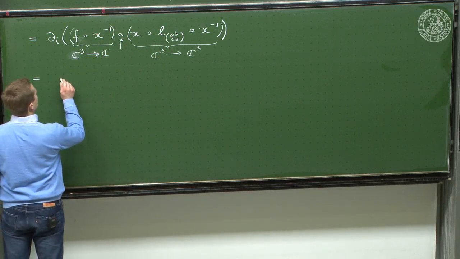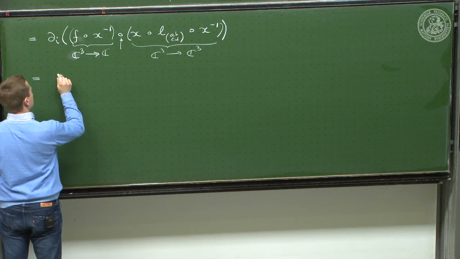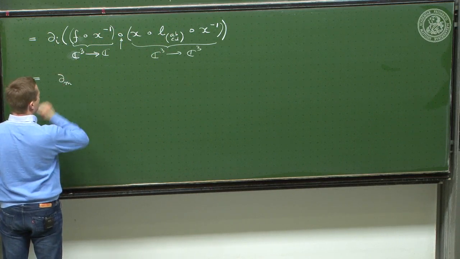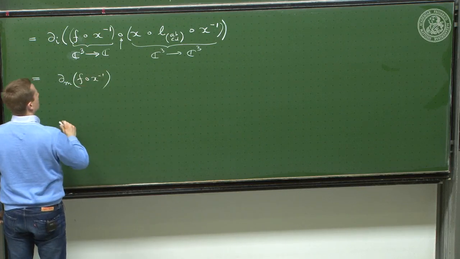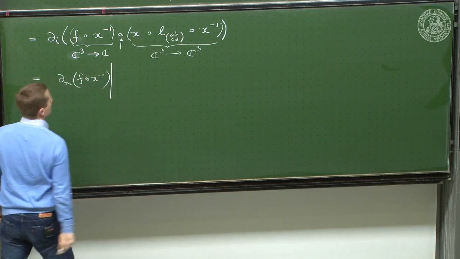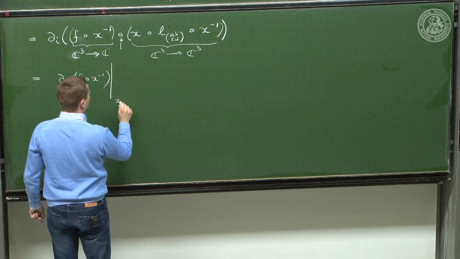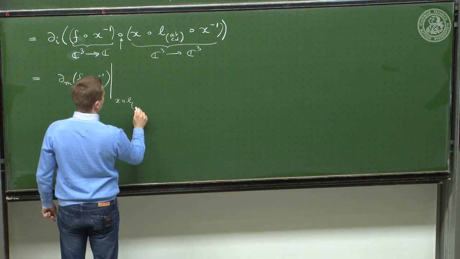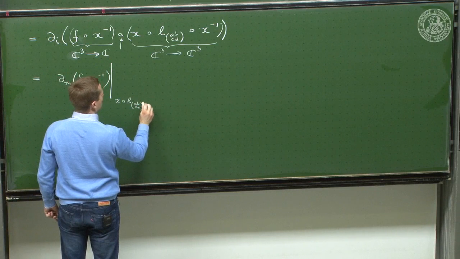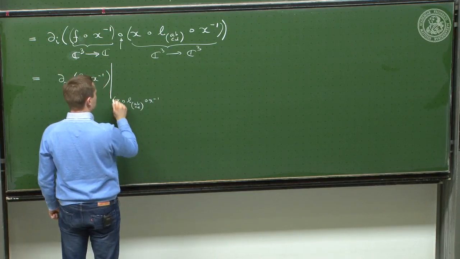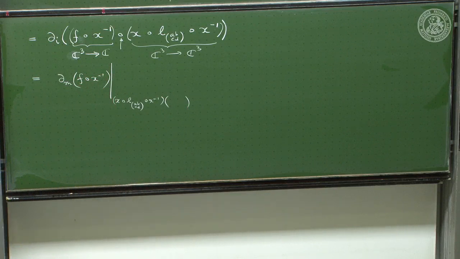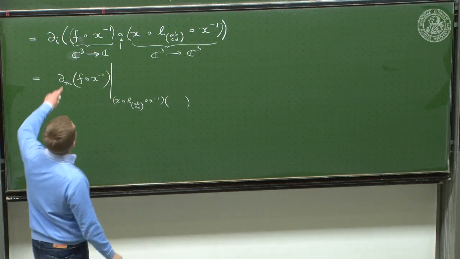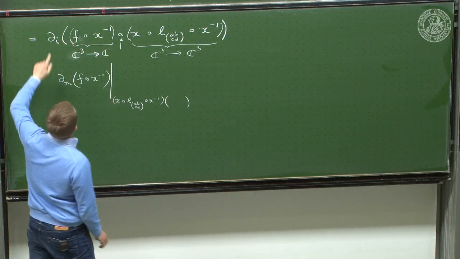Okay, so this is del m of f after x inverse to be evaluated at x after L, a, b, c, d after x inverse of, well, where actually? So let's go back. We evaluate this up there.